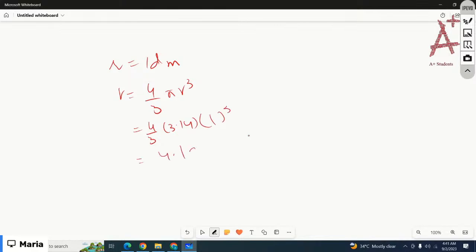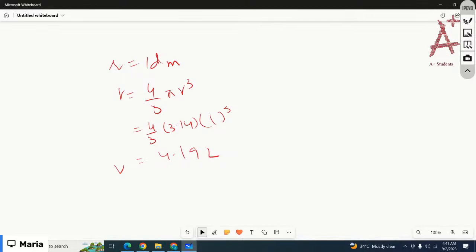So first of all, we're going to convert the radius into decimeter, right? R equals 1 decimeter. So V equals 4 by 3 pi r cube. So it is 4 over 3 times 3.14 times 1 cube. So that would be 4.19 liter.